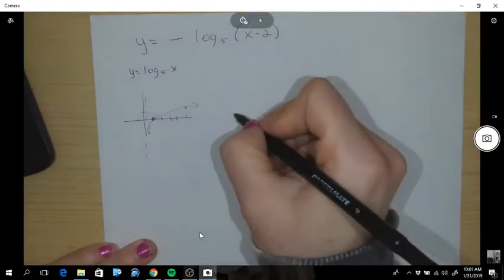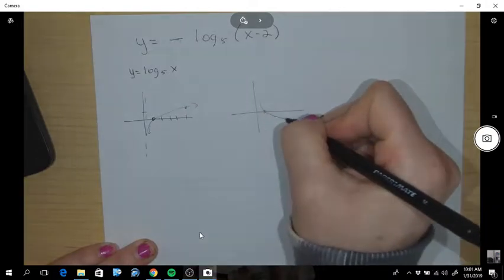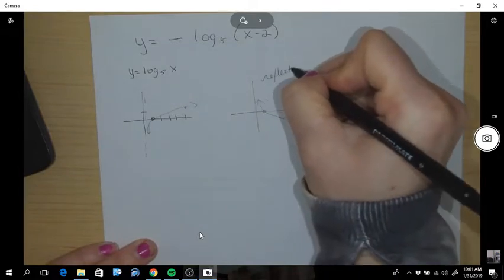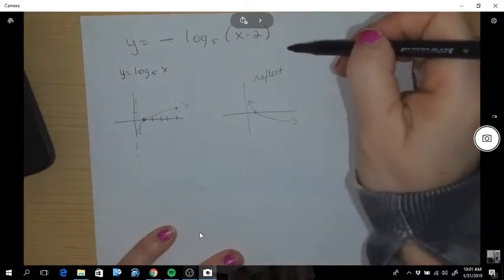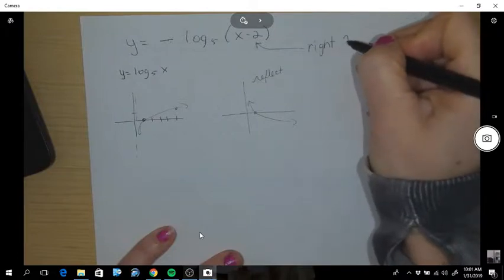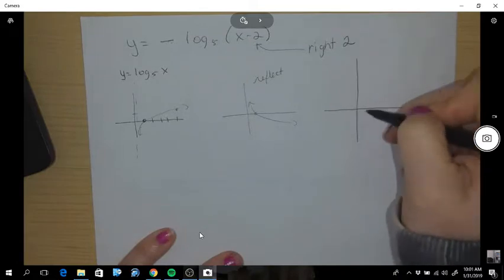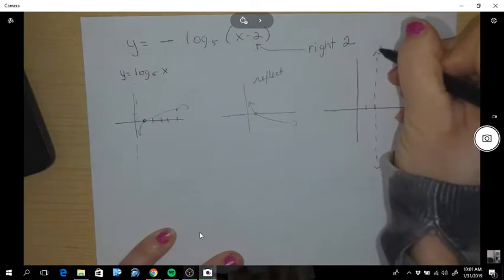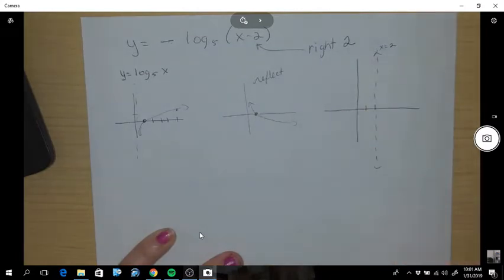Okay, so now it's going to look like that kind of shape, right? Okay, and then what happens with that? It moves right 2. So let's do our asymptote, because our new asymptote moved right 2. And this point was (1, 0).